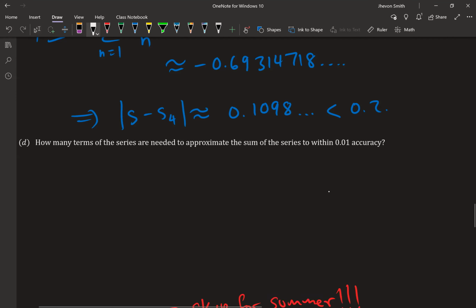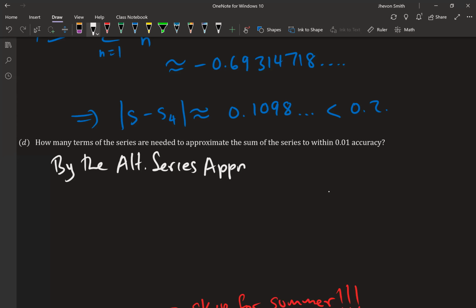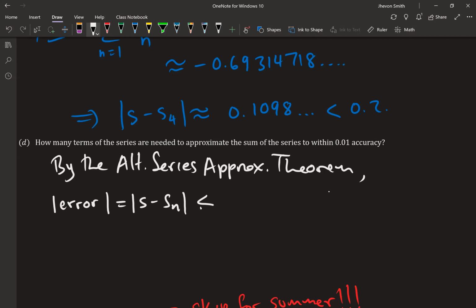Well, again, by the alternating series approximation theorem, the error, which is the difference between the sum and the nth partial sum, is going to be less than or equal to the (n+1)th term.